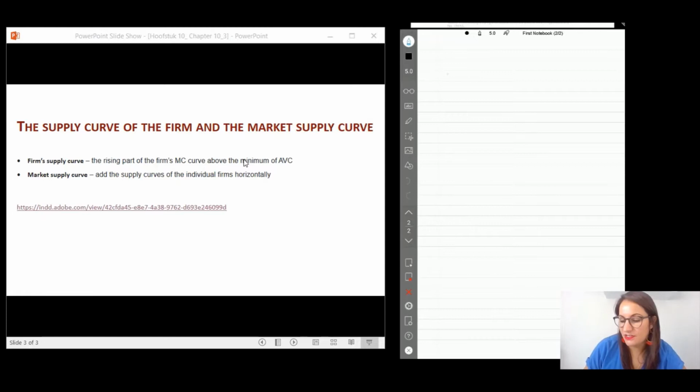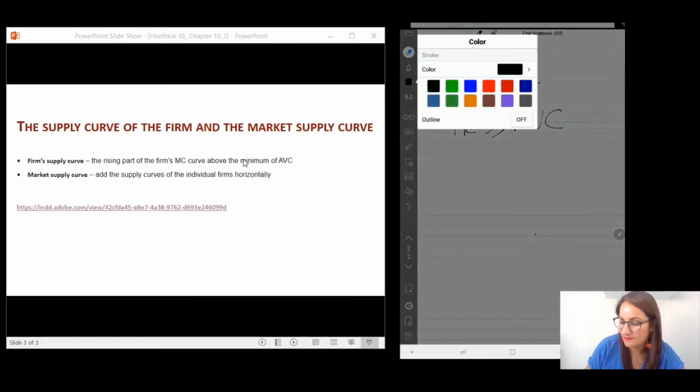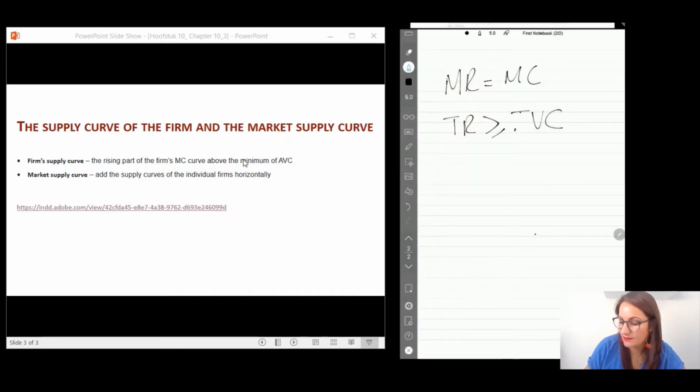Now, you have been introduced to one of the most important rules, that is where MR equals MC. That is your profit maximizing rule. But the second one that is very important is where your average revenue is greater than or equal to your average variable cost.